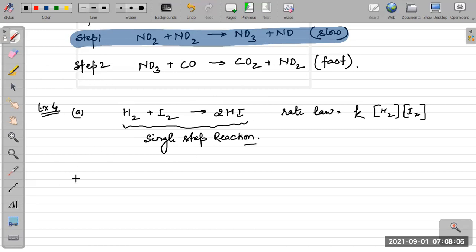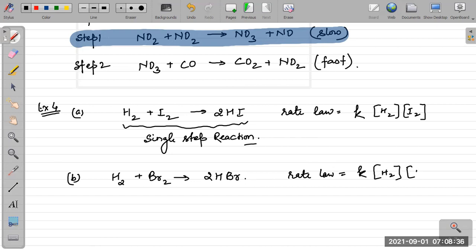Now its B type, like H2 and Br2, this reaction also produces HBr, but its rate law happens to be first order in H2 and half order in Br2.